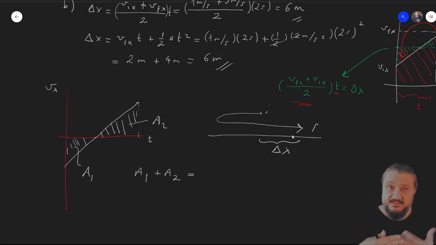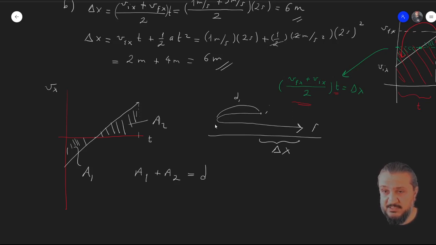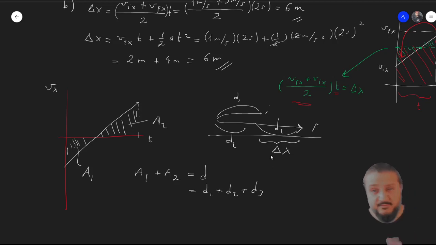I mean, the distance is actually longer than delta x. The distance here, let's call it d. So this, call it d1, call this d2, and then call this distance d3. This will be the sum of the three, right? d2 plus d3. So just be careful, okay?